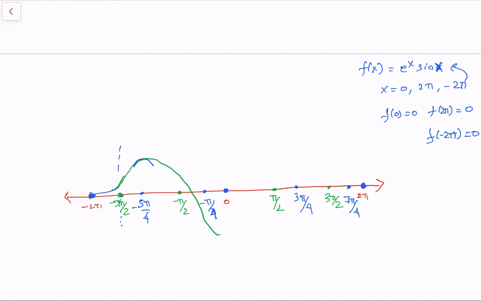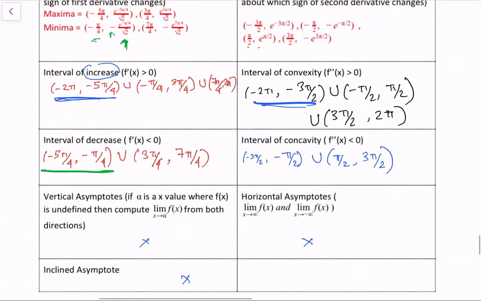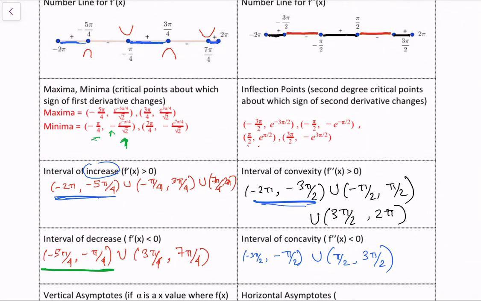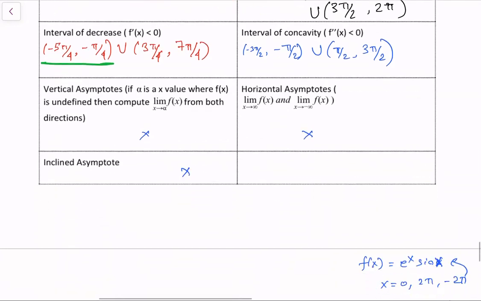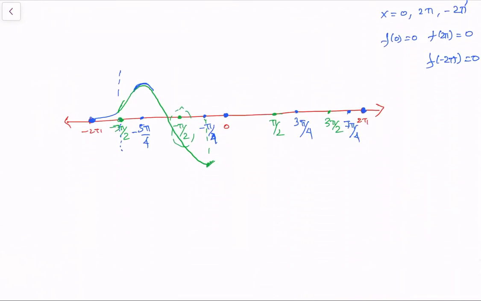Somewhat like this. So we have a sort of approximation going on here. It's probably like this, and it's negative, of course. At negative pi by 2, the function's value is also negative. That's why I sort of drew it like this. So it comes below the x-axis before negative pi by 2.